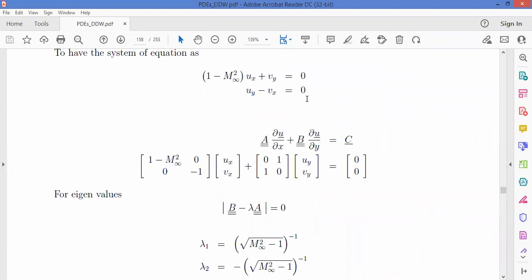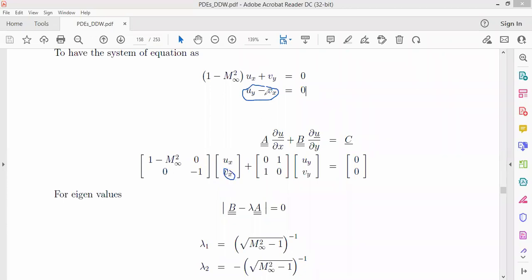It is evidently clear that in here there is no ux. If you look at this one here, there is no ux. What you have is Vx. So coefficient of ux is 0, but when it comes to Vx now, this Vx here, it is a minus, therefore you have a minus 1.